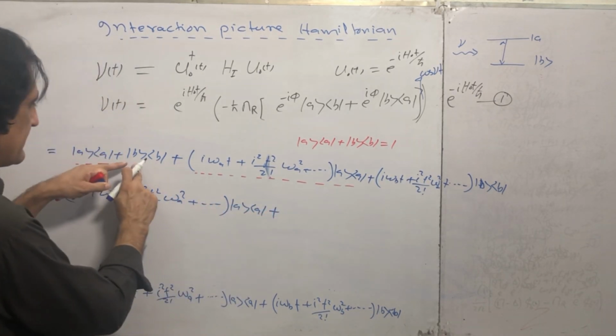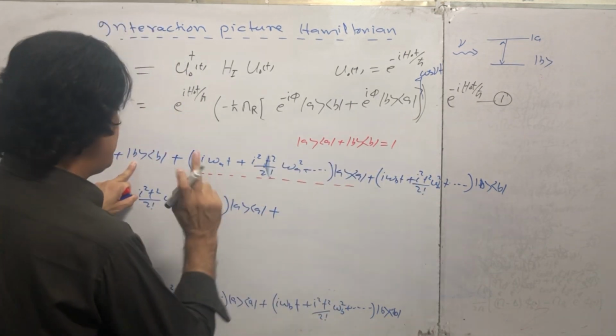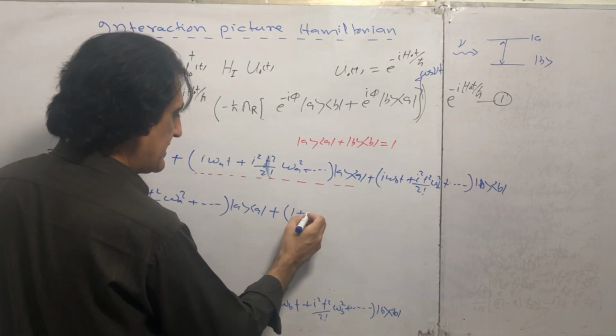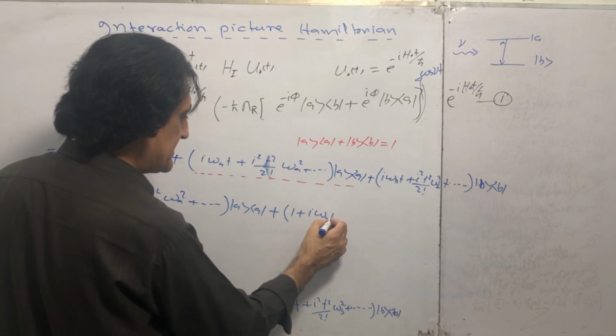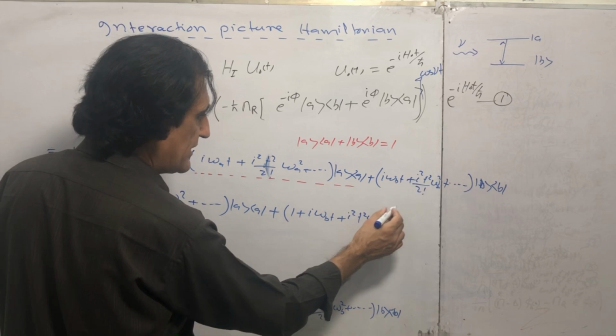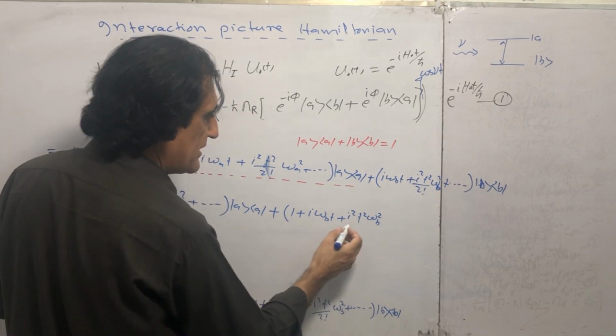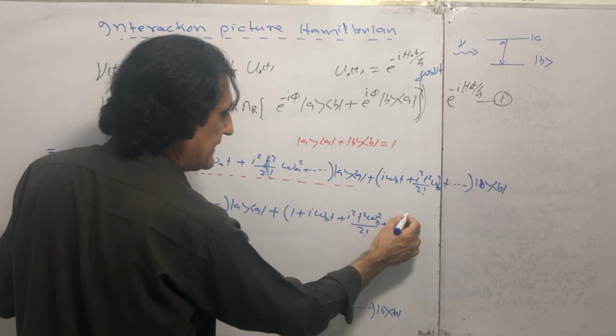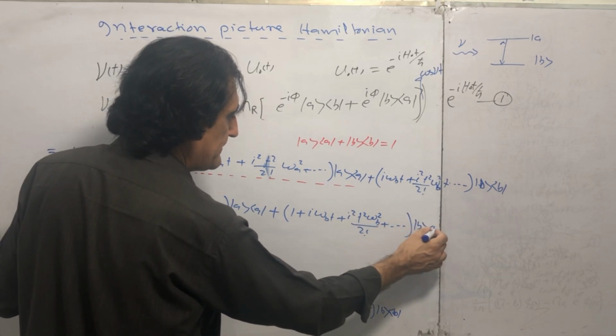And similarly, this and this we can take common B state, then we can get 1 here, and iota omega b t plus iota square t square omega b square divided by 2 factorial and B B.